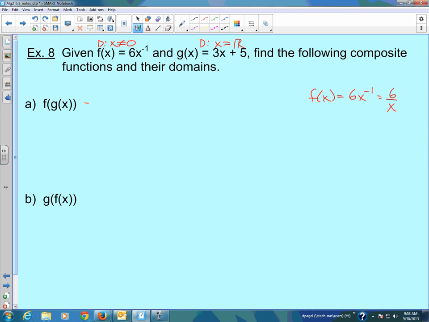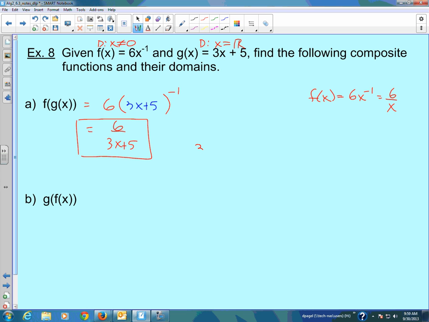All right, plugging them in. So we have 6 times, and we're plugging in the g, so 3x plus 5, and that is getting raised to the negative 1 power. So this becomes 6 over 3x plus 5. First power, so there's your f of g of x.